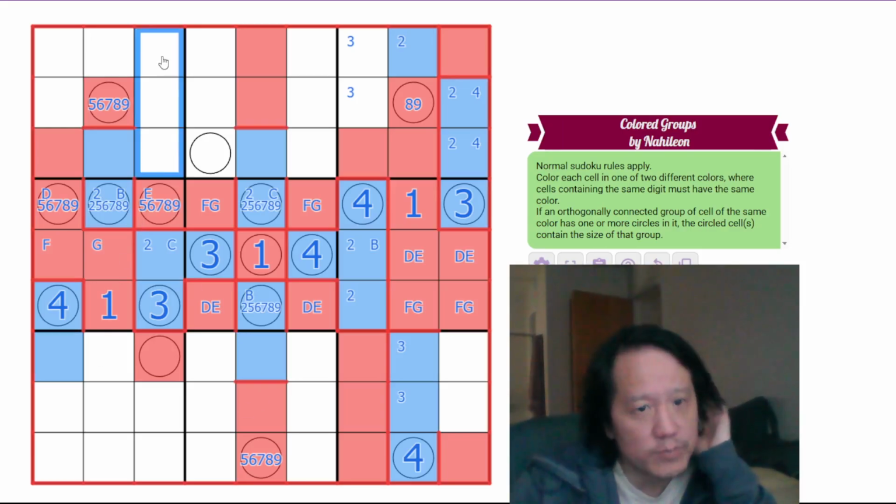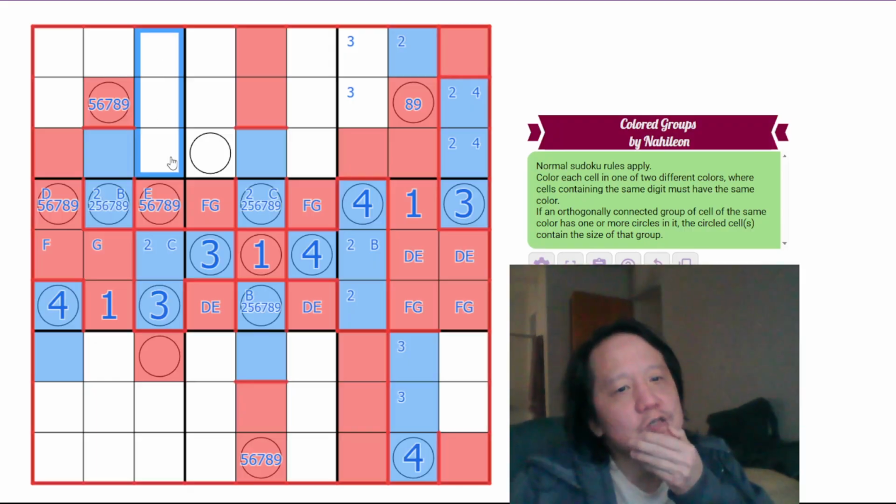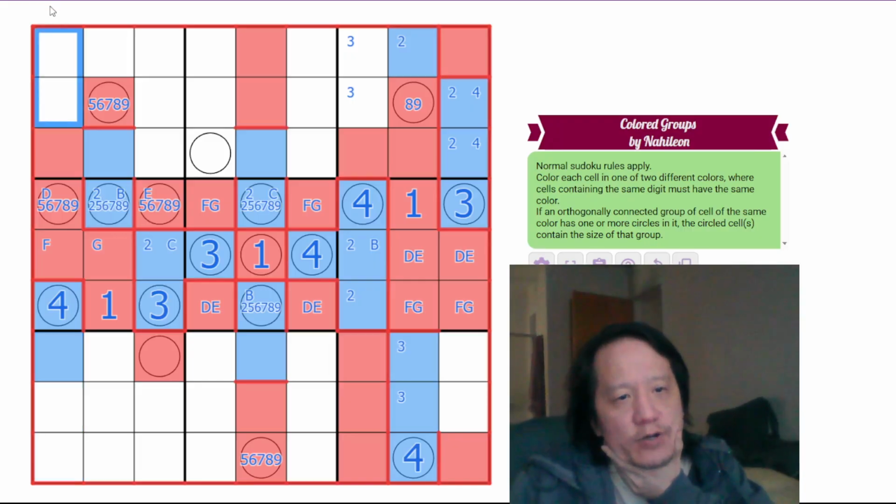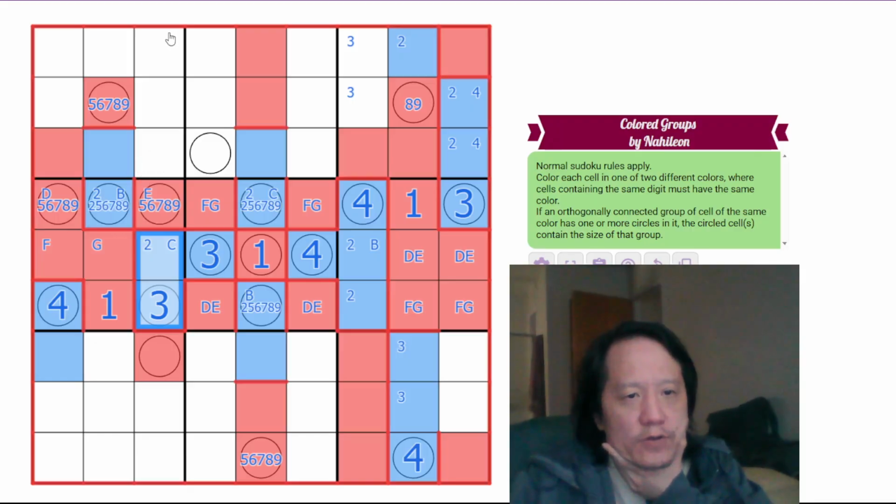No, this cannot be 3 blue. So yeah, if this is all blue that way, that forces these to be red. This cannot be 3 blues that way because of the 2 blues already in the column. So one of these is red, which would force this to be blue. And then that would be 1, 2, 3, 4, 5, 6, 7, 8.